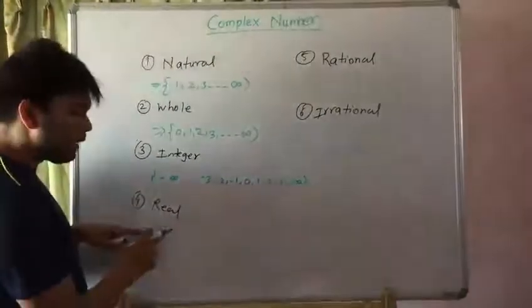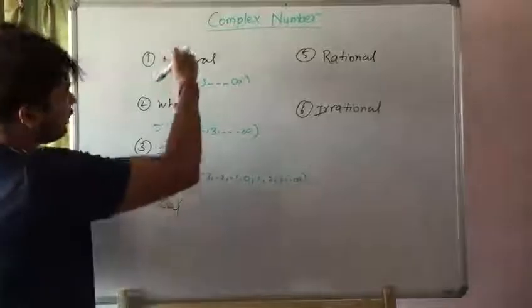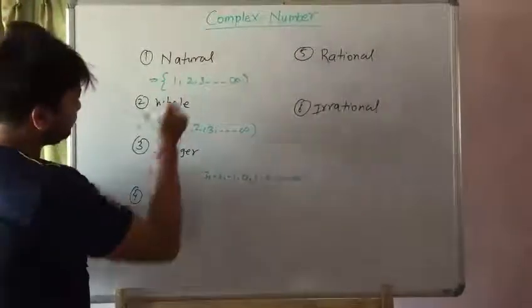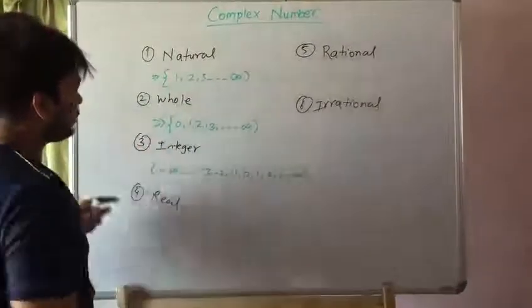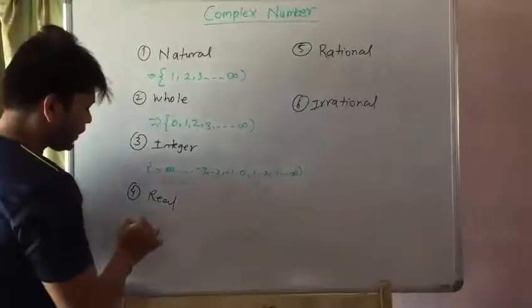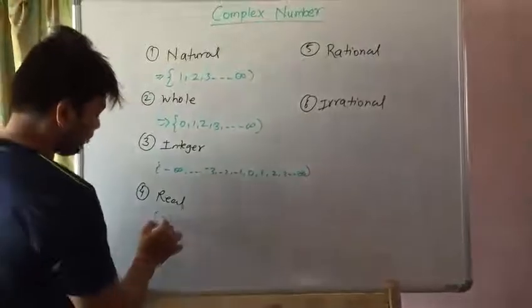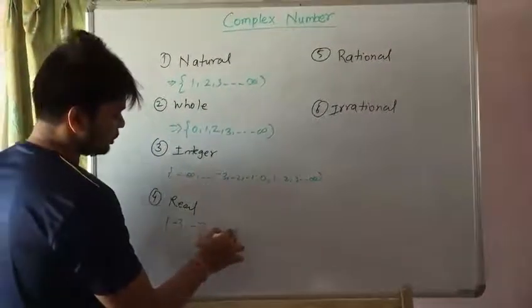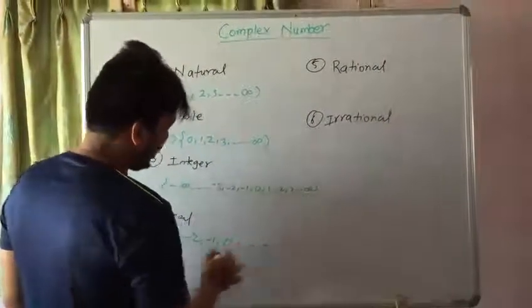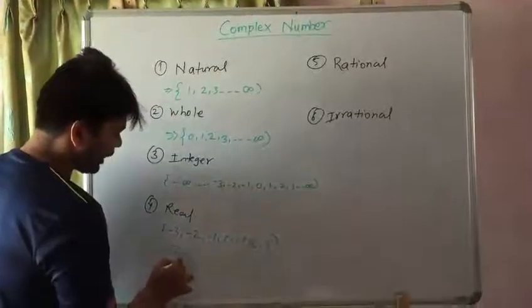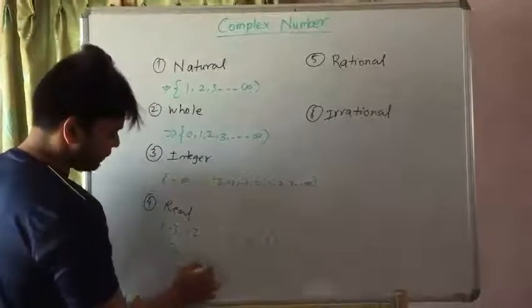The real number is nothing but the number which is natural number, whole number, and integers. Every number is a real number, like minus 3, minus 2, minus 1, 0, 1, 2, 3, even 2 by 5, 4 by 5. These are the rational numbers.